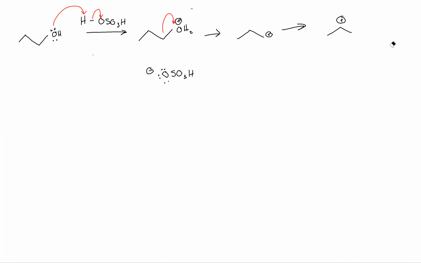But overall, it won't really matter, because our conjugate base, like this one right here, will come in and grab the hydrogen off of one of the carbons, which then allows the full elimination reaction, and we end up with this double bond right here, okay?